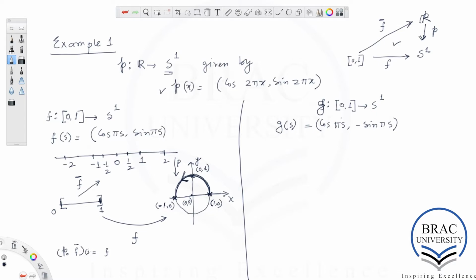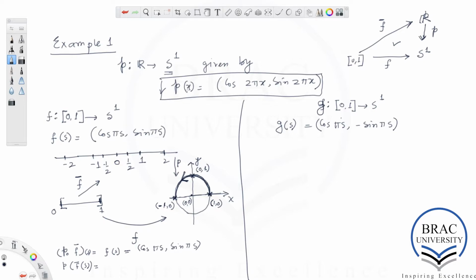So this evaluated at s should be equal to f of s, and f of s is given by cosine pi s, sine pi s, right? And decomposed with f bar of s is nothing but p of f bar of s. So you have this general expression of the covering map.